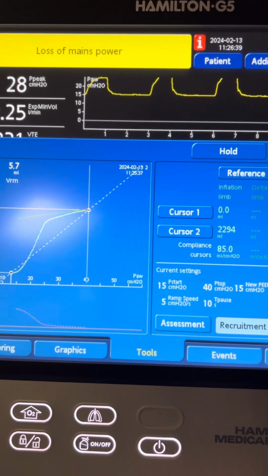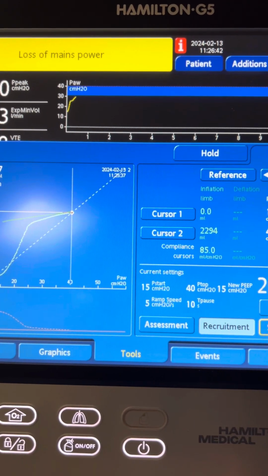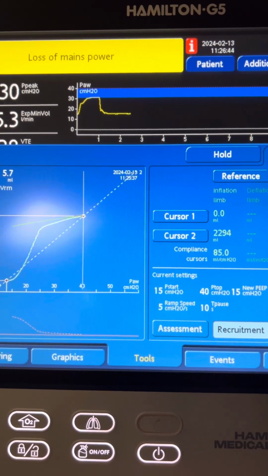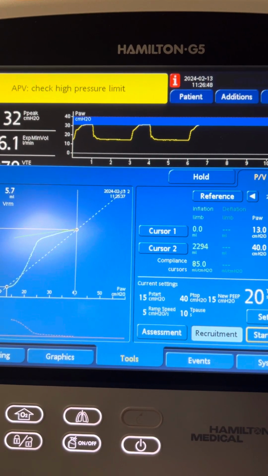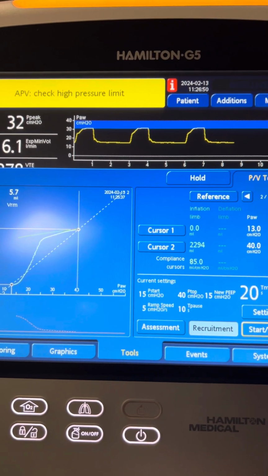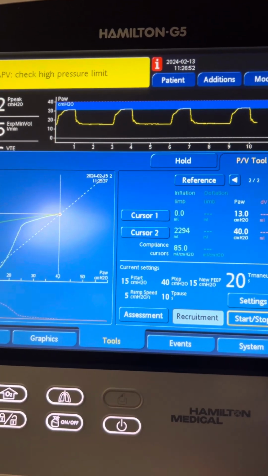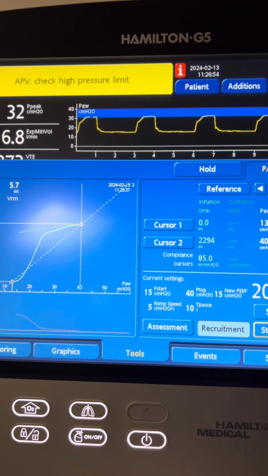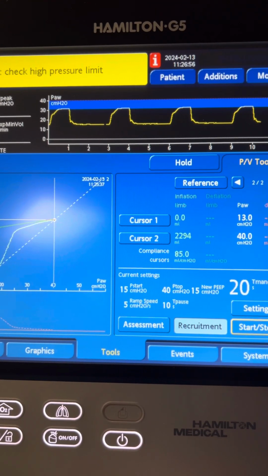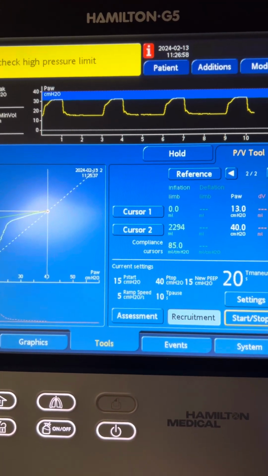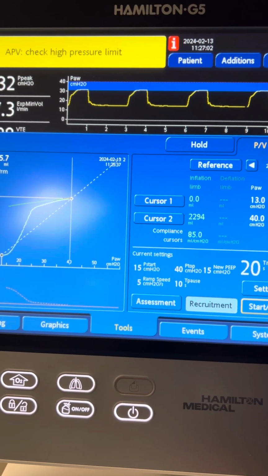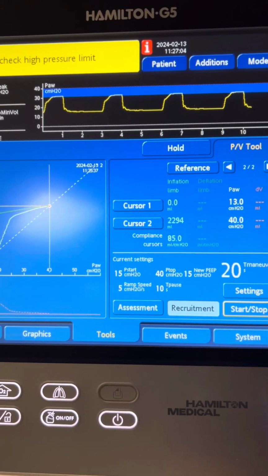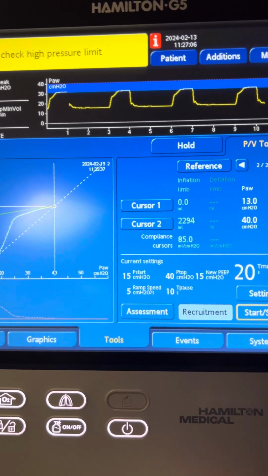You would also see a squiggly line, or a stitching pattern, because as your lungs start to inflate with the recruitment maneuver, you have a drop in pressure as more alveoli are recruited. However, the ventilator is trying to achieve 40 for that entire 10 seconds, so you'll have a drop in pressure with a subsequent rise back to 40 to try to continue to recruit more lung.